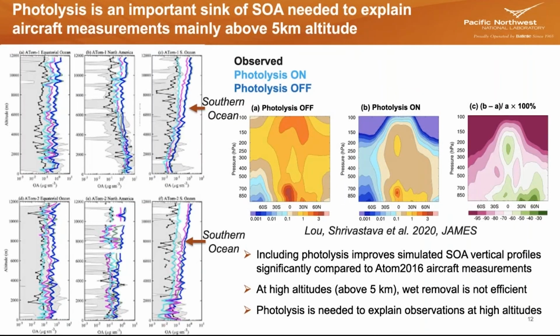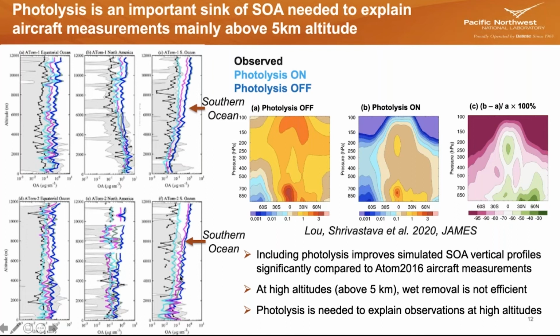So we looked for aircraft measurements, which have sampled the whole atmospheric vertical column in many locations. We started with the ATom 2016 aircraft measurements. Here we are showing the evaluation from 0 to 12 kilometer altitudes. This is the equatorial ocean, North America, and this is the Southern Ocean.